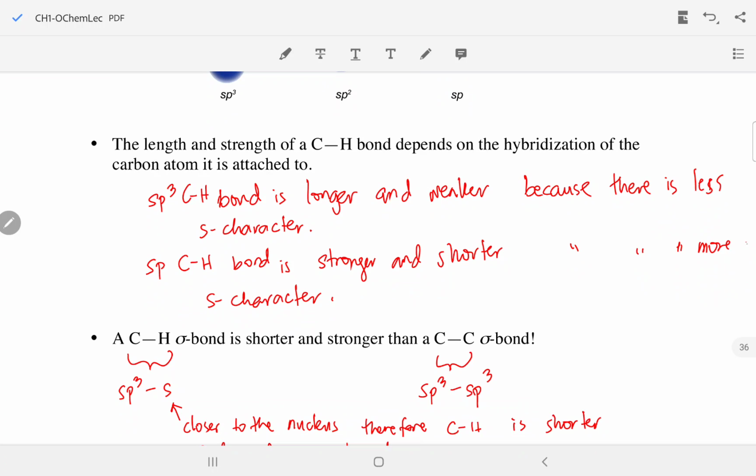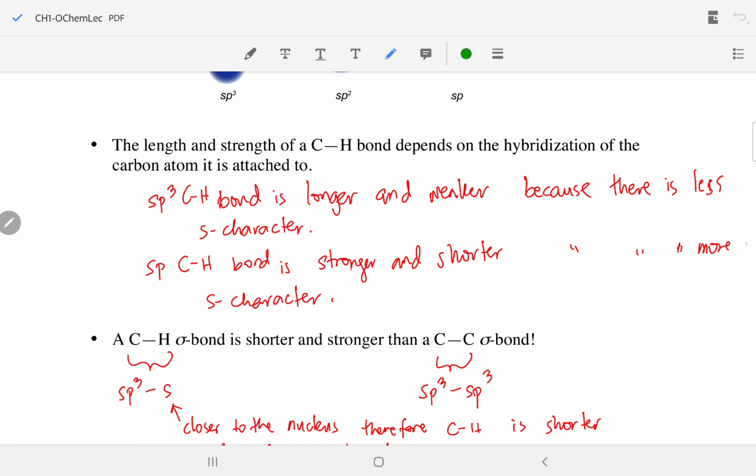So the length and strength of a CH bond depends on the hybridization of the carbon atom it is attached to. So for an sp3 CH bond, it is longer and weaker because there is less s character as I mentioned a while ago. But for an sp CH bond, it is stronger and shorter because there is more s character.